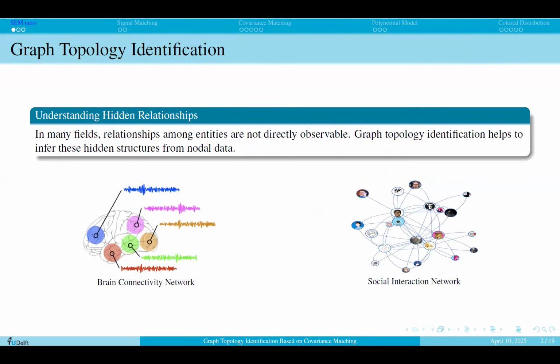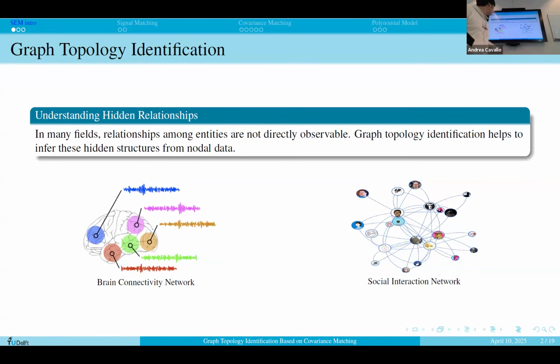So firstly, why do we want to do graph topology identification? Because usually what we know is just data from the entities, from nodes. But what we care about is not this data. We care about the underlying relationship behind this data, but from the data we have observed.